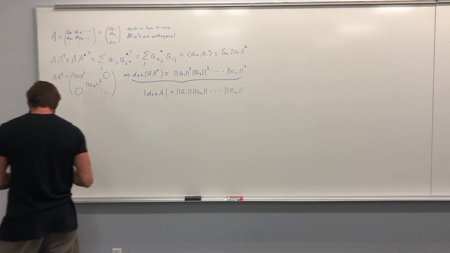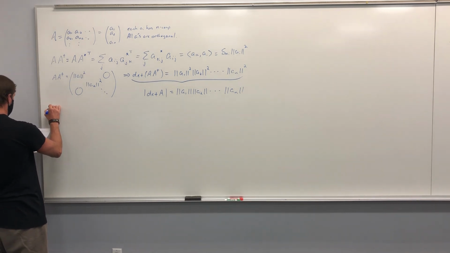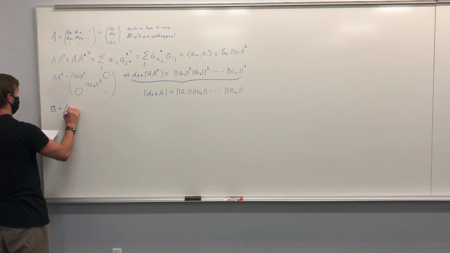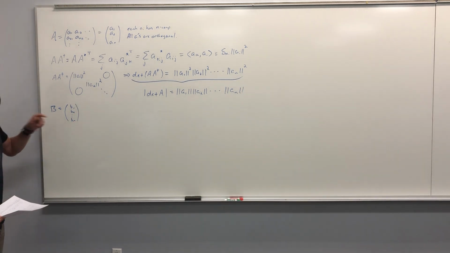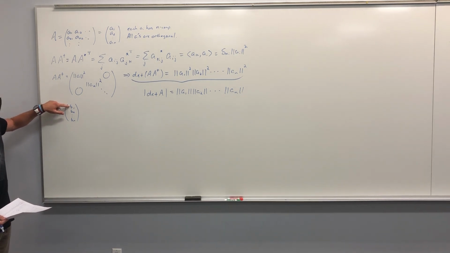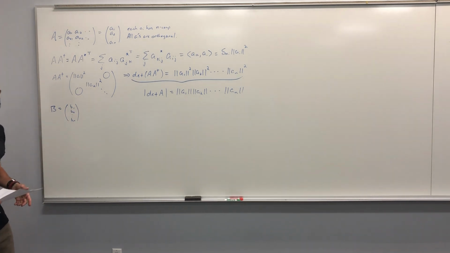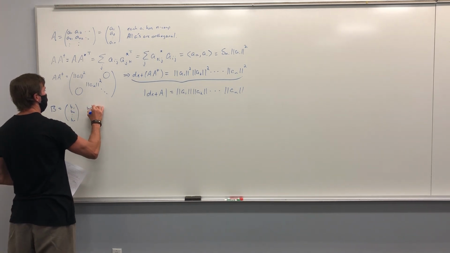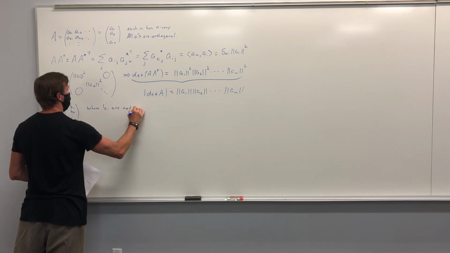Okay, so now consider a matrix B, where again, I'm only going to assume that each of these is an n-component vector, but I'm not going to assume that they're orthogonal.